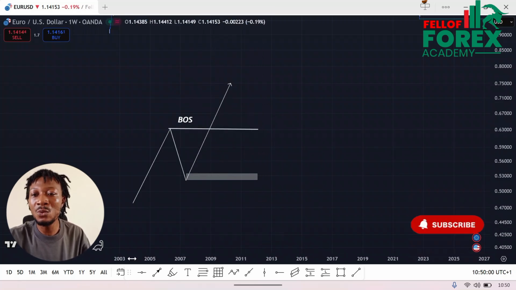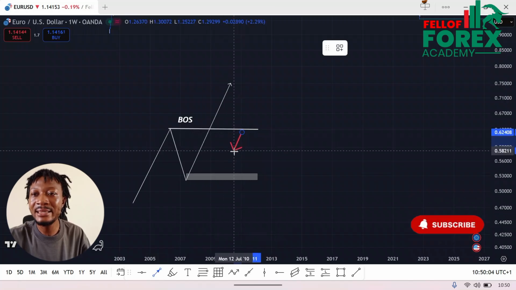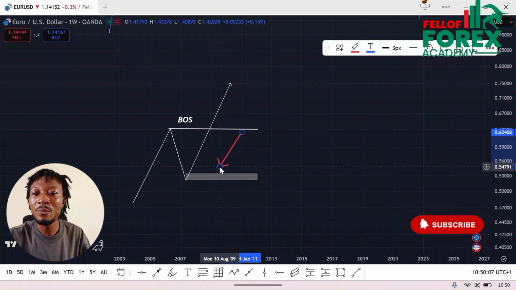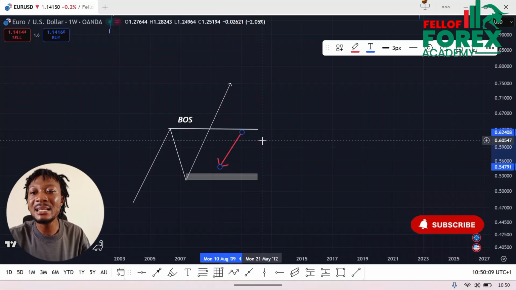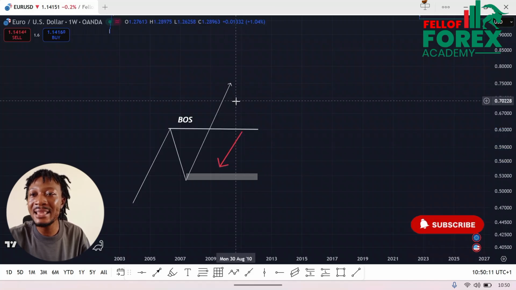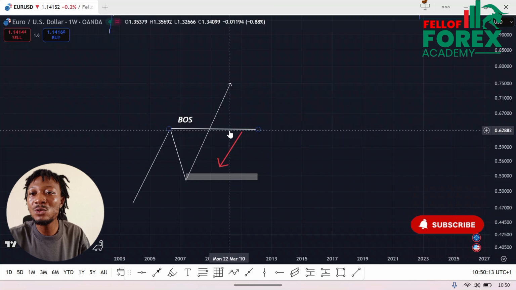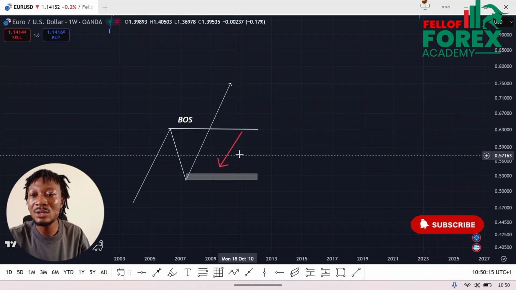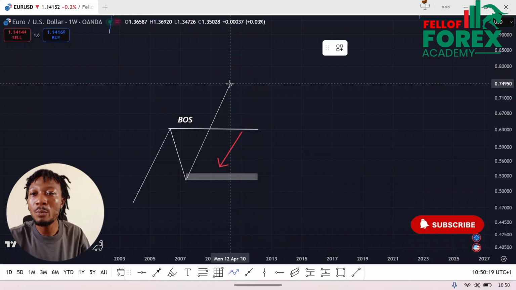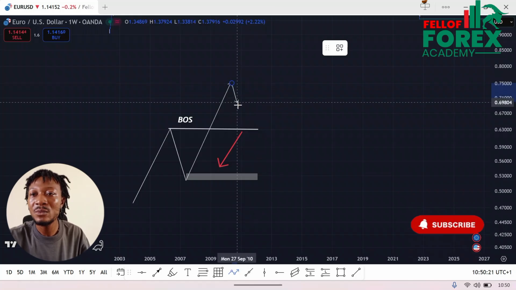Now, the fourth thing I do is I consider this area. I say this is my golden zone. So anytime price successfully comes back down into anywhere between this white line and this gray box, then I'll consider taking a buy opportunity. So let's say price comes back down.